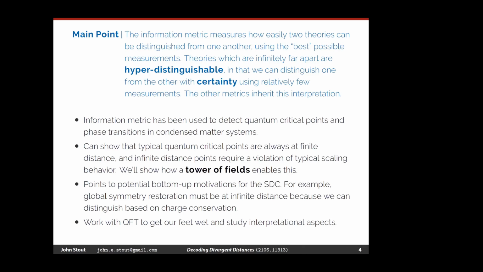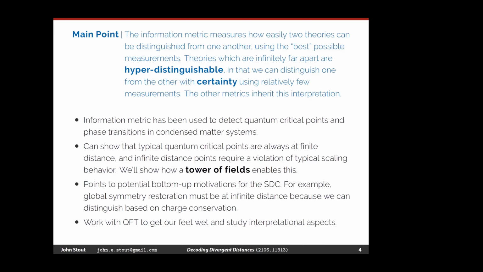How many measurements does it take for me to be certain, within some degree of belief, that this is the theory that I'm considering, as opposed to another theory? So this metric is measuring how distinguishable different theories are, and theories that are infinitely far apart are hyper-distinguishable.